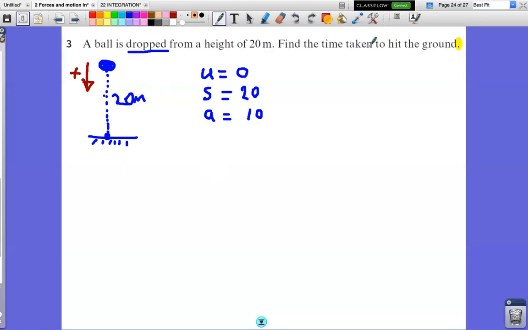Okay, so we are asked to look for T. Which equation should we use here? Which equation should we use? Where are they?